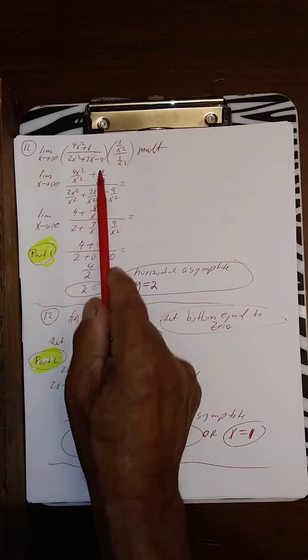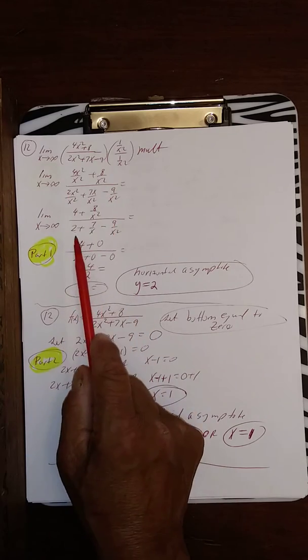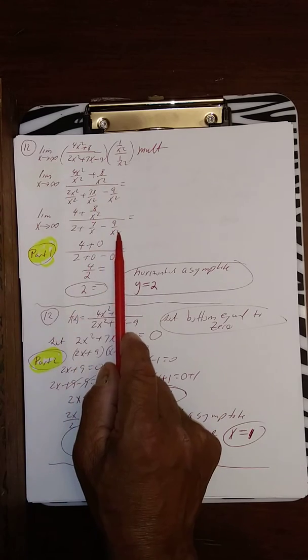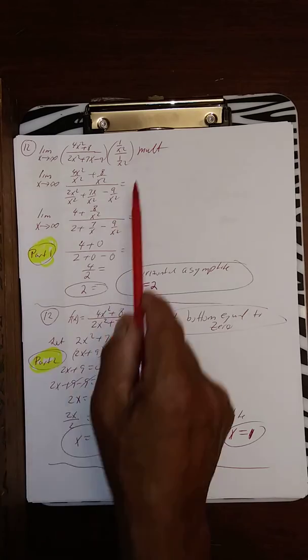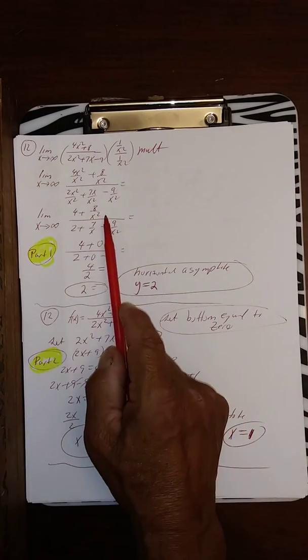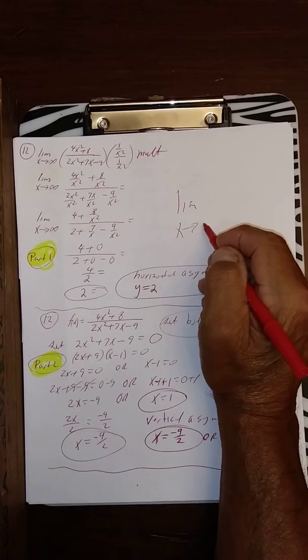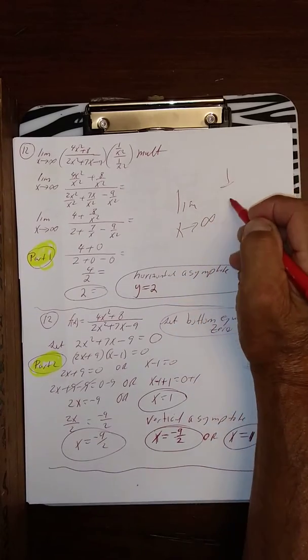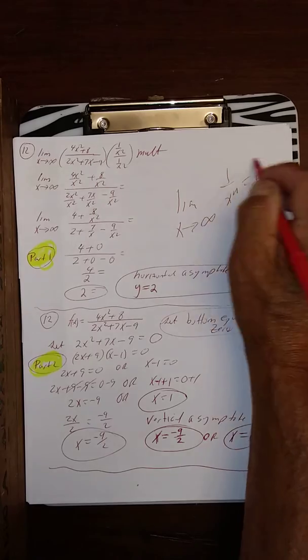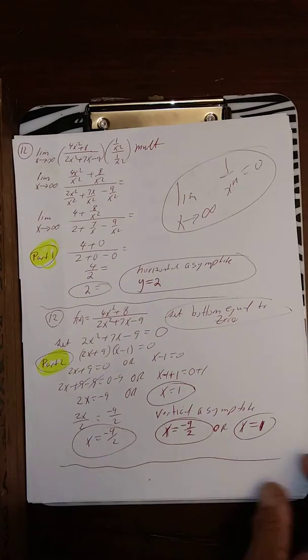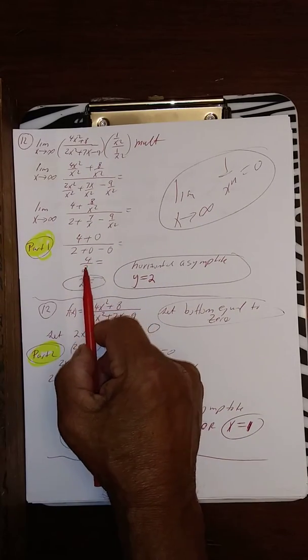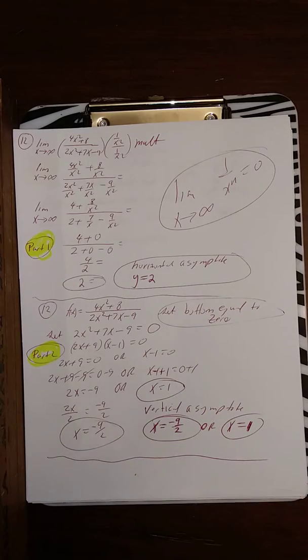Simplify them. We have 4, 8 over x squared, 2, 7 over x, 9 over x squared, negative. The limit as x goes to infinity of 1 over x to the n is 0. So we're going to get 4 over 2, which is 2, the horizontal asymptote.